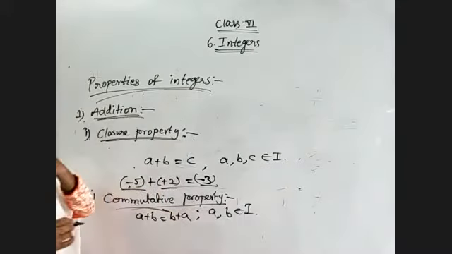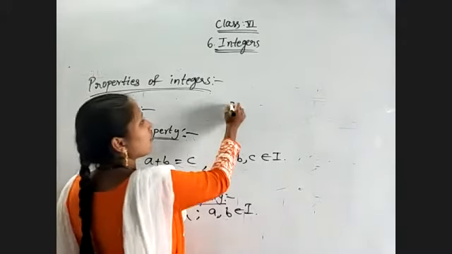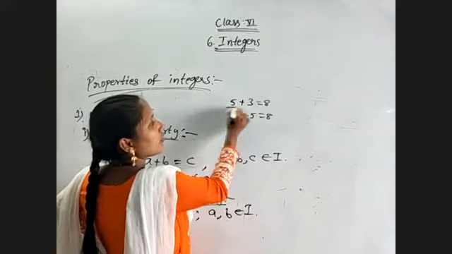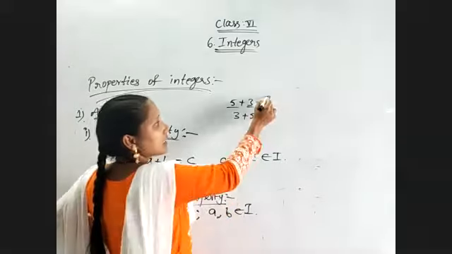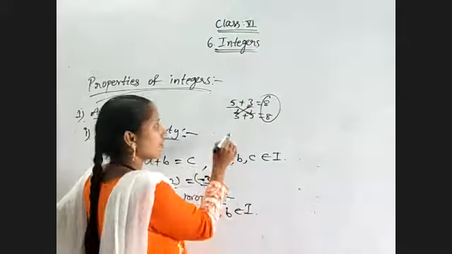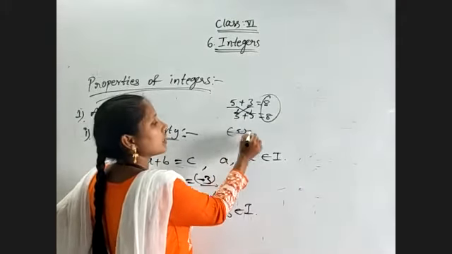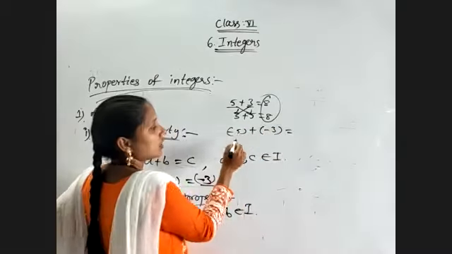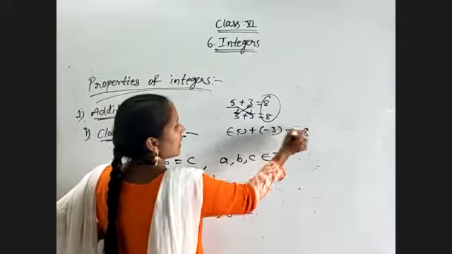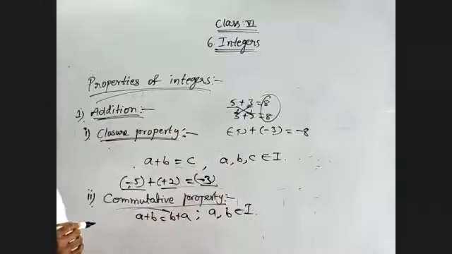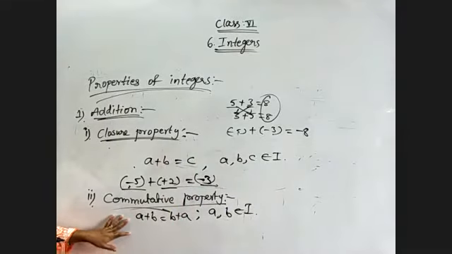Just observe, 5 plus 3 equal to 8, 3 plus 5 is equal to 8. Both are integers, and the result is not changing even when you change the order. Now instead, taking two negative integers, minus 5 plus minus 3: 5 plus 3 is 8, both are negative, so minus 8. Even when you change the order, we get minus 8 only. So commutative property is applicable for integers under addition.